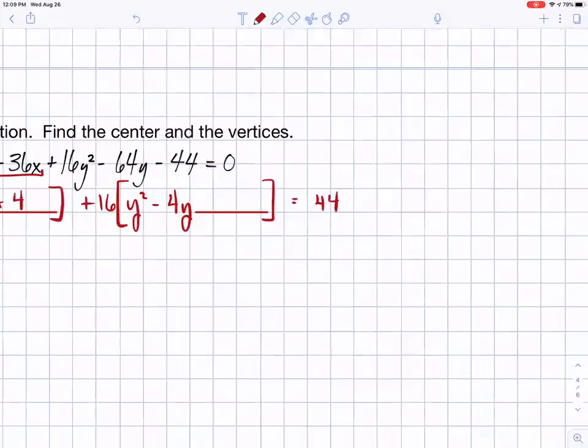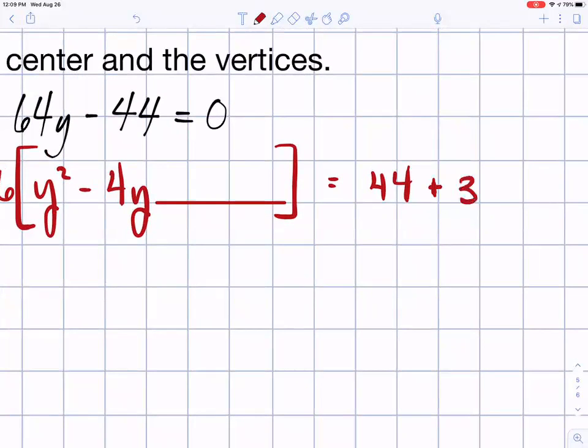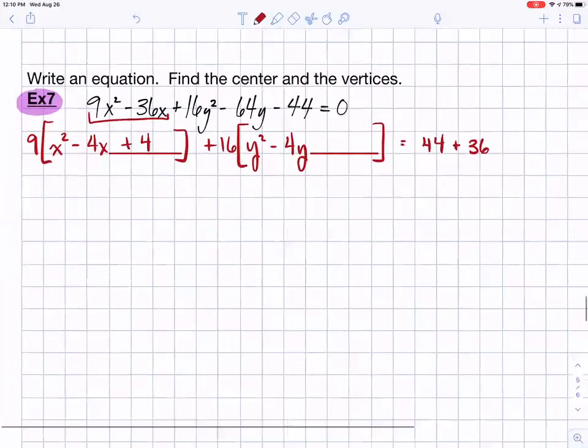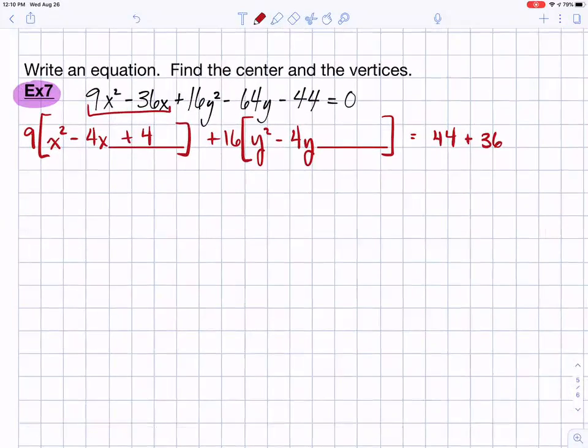I'm really adding a 36 to both sides. It's just that the 4 is multiplied by the 9. That's a big deal, and I did show that to you on the how-to. Let's do the same thing for the Y's.